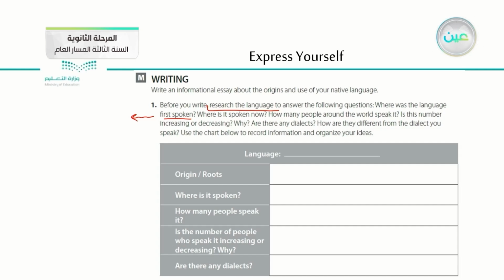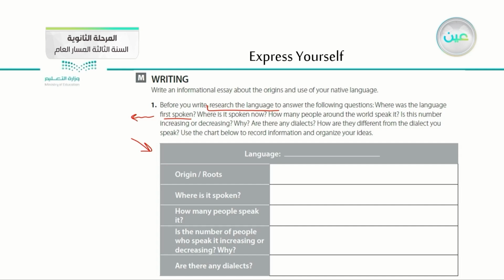Use the chart below to record information and organize your ideas. So after that we have a chart here with five criteria. The first one is origin or roots. Where is it spoken? How many people speak it? Is the number of people who speak it increasing or decreasing, and why?